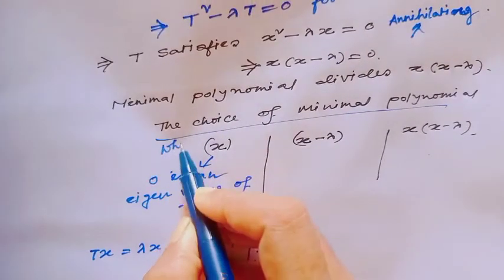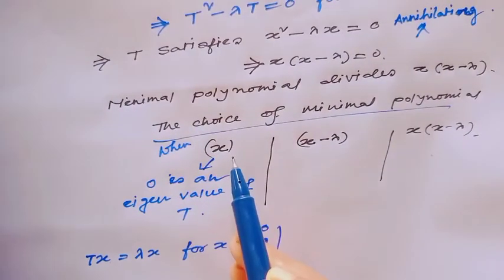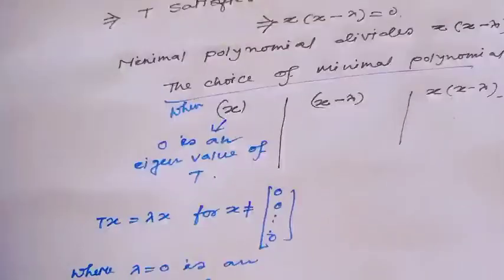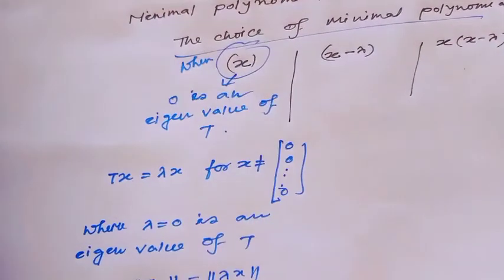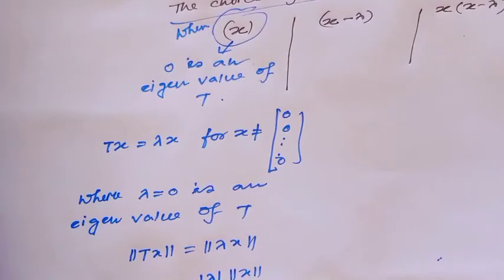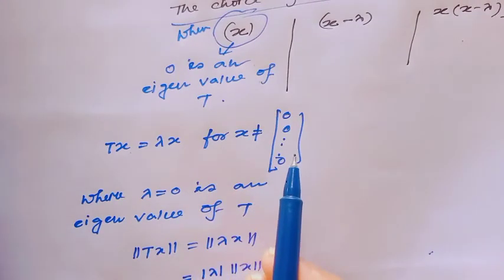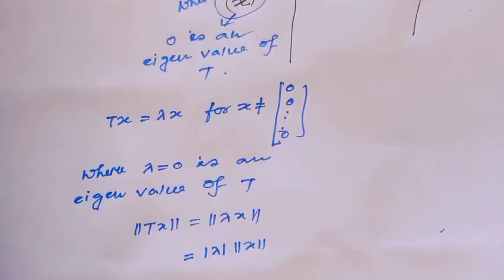When the choice of minimal polynomial is x, that means obviously 0 is an eigenvalue of this linear transformation. And for this minimal polynomial, Tx equals lambda x for all x non-zero.